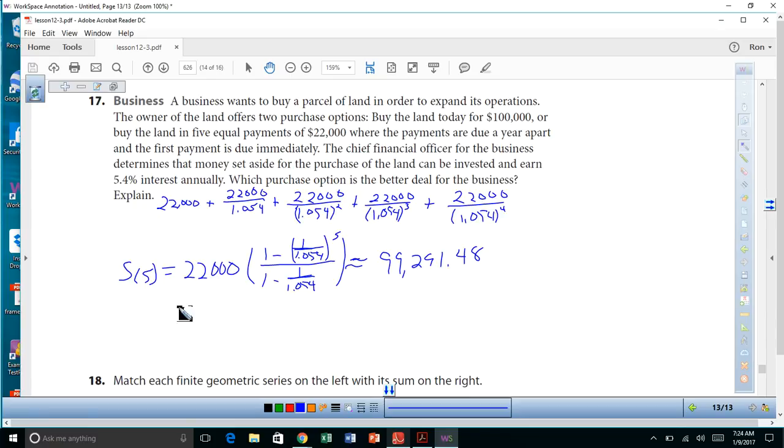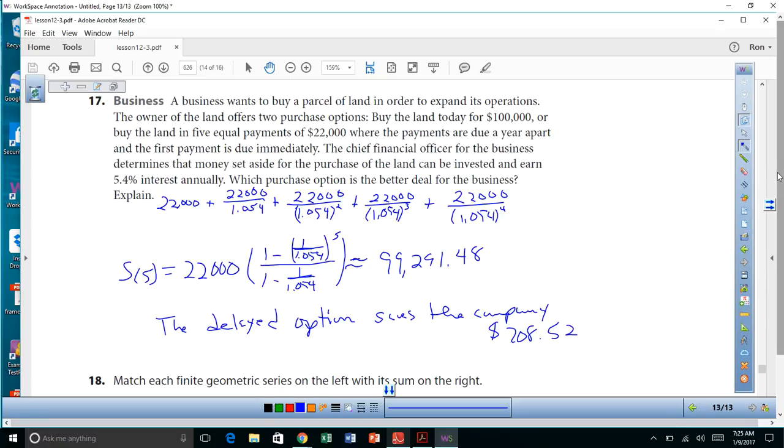So the delayed option saves the company about $708.52. So the delayed option would be the better option.